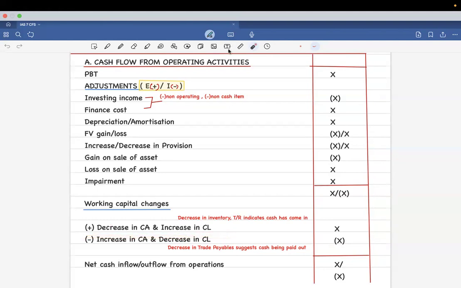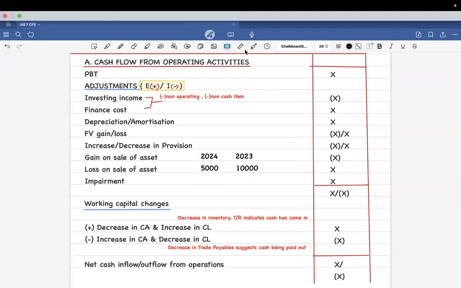Suppose your inventory is in 2000, we have 2 years. Suppose we have 2024 and we have got 2023. So in 2024, the inventory is 5,000 and 2023 inventory is 10,000.